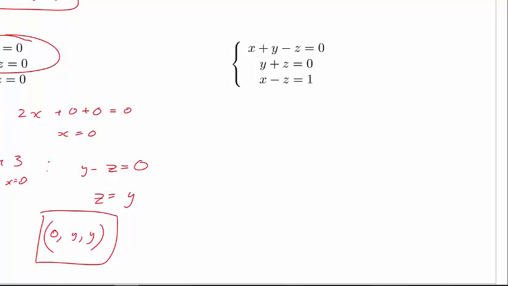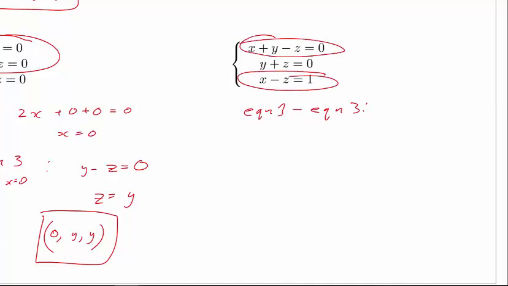First thing we do, equation 1 minus equation 3. When you do that, we've got equation 1 and we're subtracting out equation 3, so this will give us 0 plus y plus 0 equals negative 1.